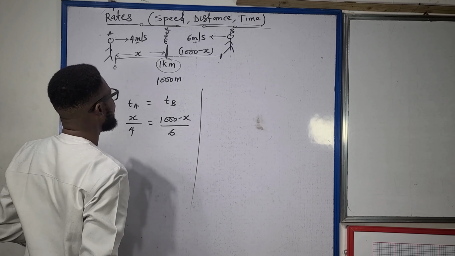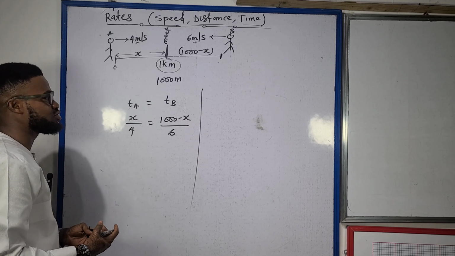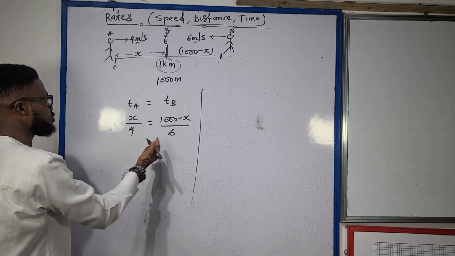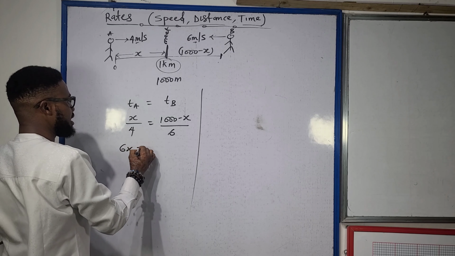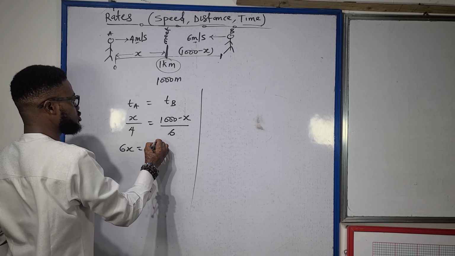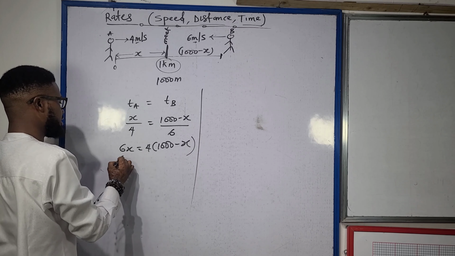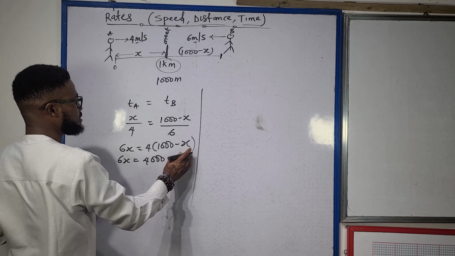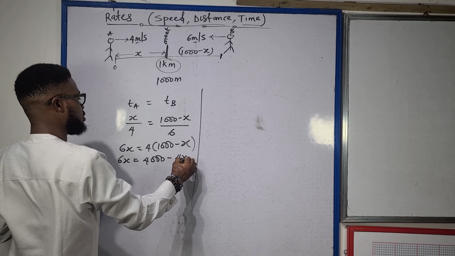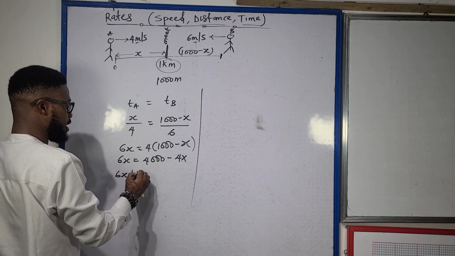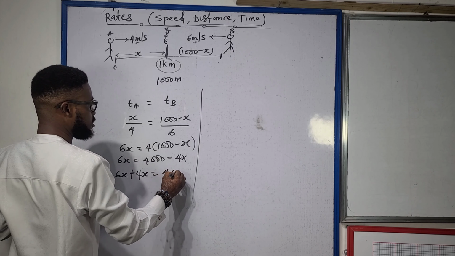And most times as you proceed under rates, you're going to be having questions that have to do with forming equations. So this becomes 6x equals 4 into bracket 1,000 minus x. 6x equals 4,000 minus 4x. So when this moves here, 6x plus 4x equals 4,000.